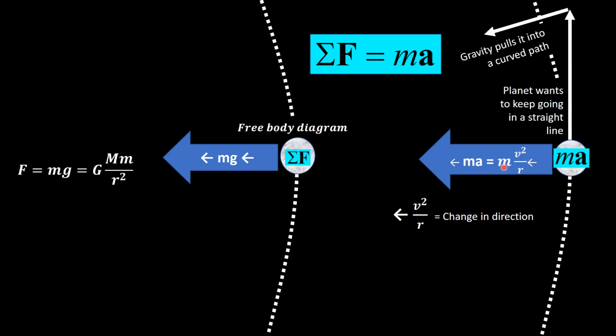So this is the direction change that this mg creates. It's not changing the magnitude of the velocity, but it is changing the direction of the planet. So our acceleration here is v squared over r, and this comes from changing the direction. Go ahead and review those rotational accelerations if this is not looking familiar to you.